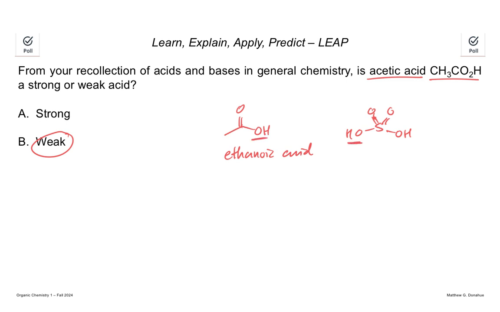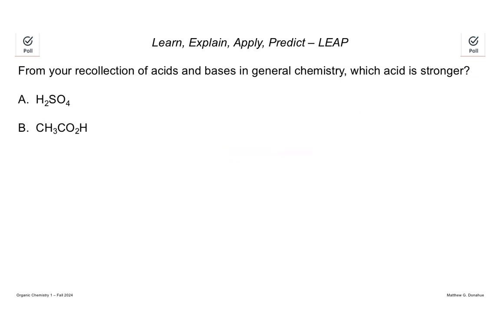So if they're both OH, what makes one different from the other? And so it's the rest of the molecule that influences the acidity. And that's what we want to understand, are these factors that change acidity moving from one functional group to the next. So the sulfuric acid will be stronger.